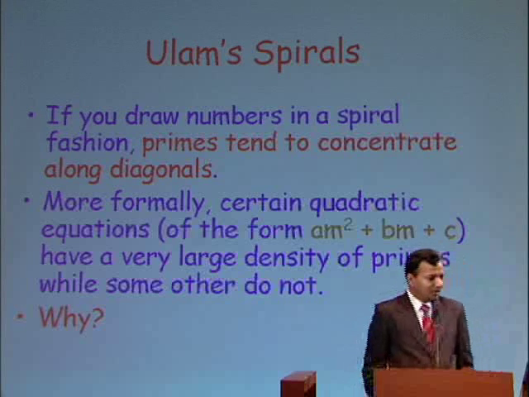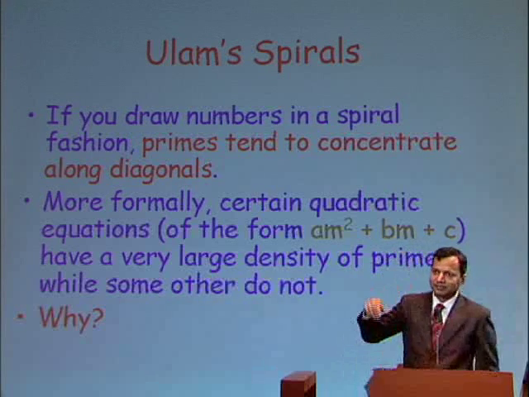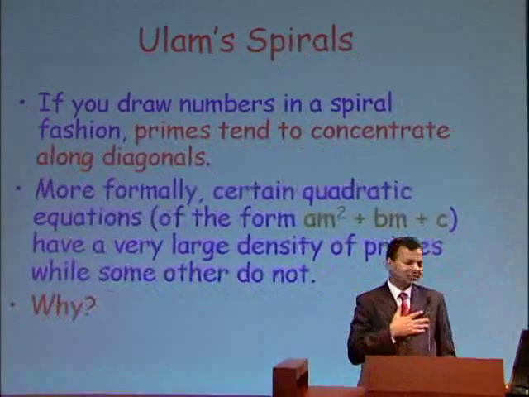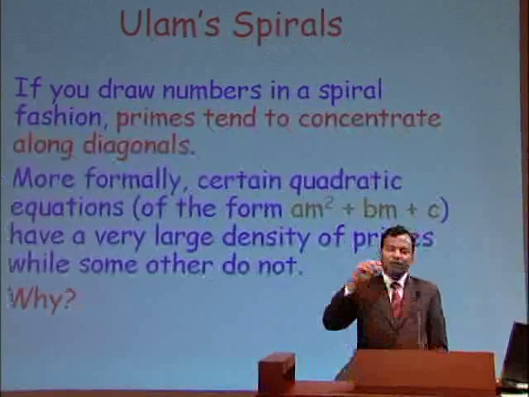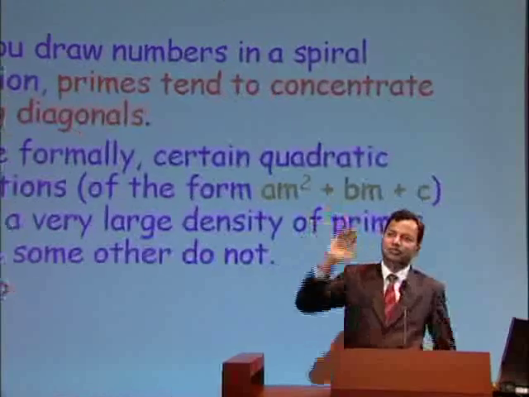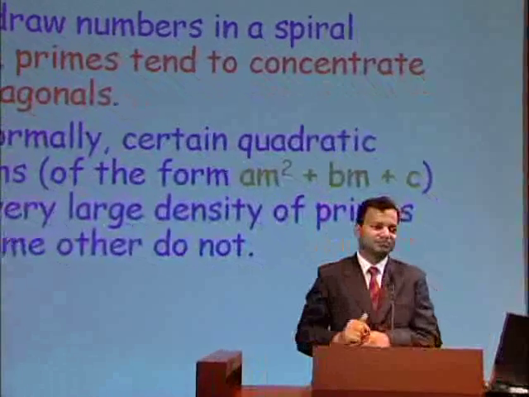Finally, this interesting notion of Ulam's spiral, which was noted around the 60s, that if you draw the numbers in a spiral fashion, then primes seem to be concentrated along the diagonals.